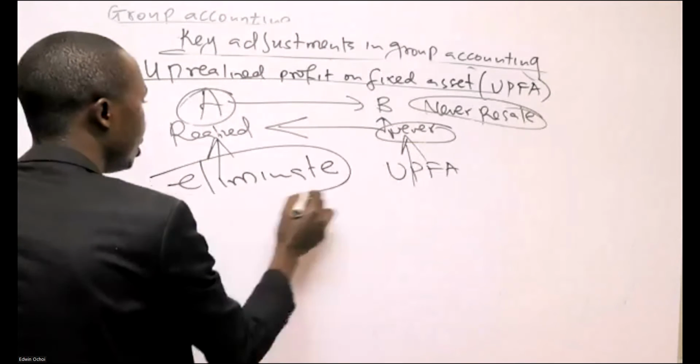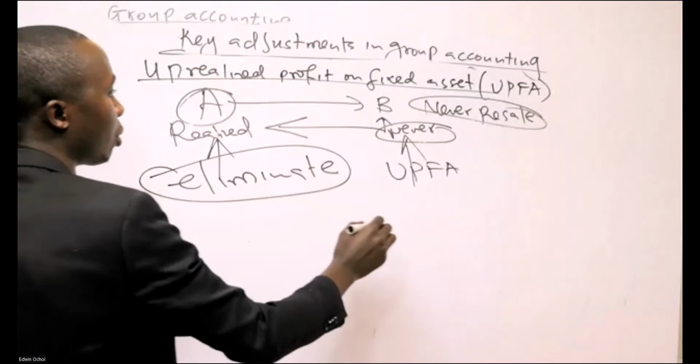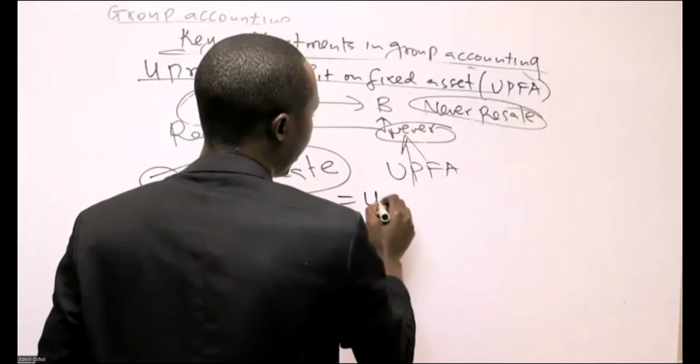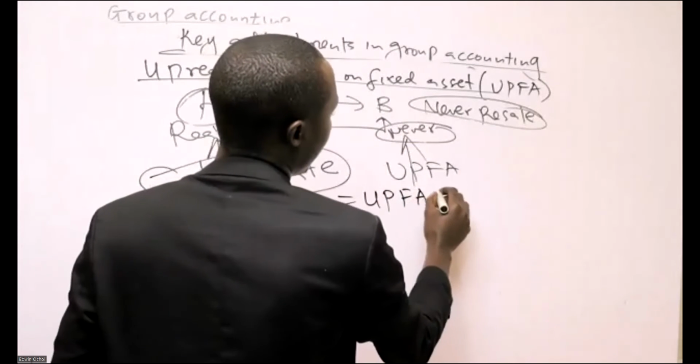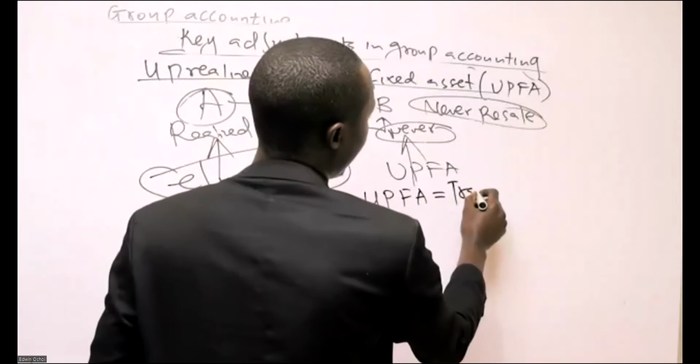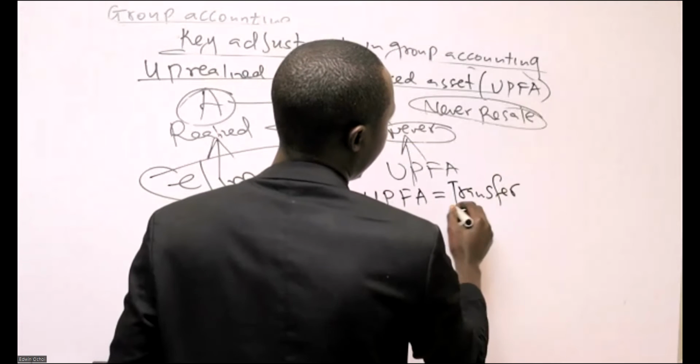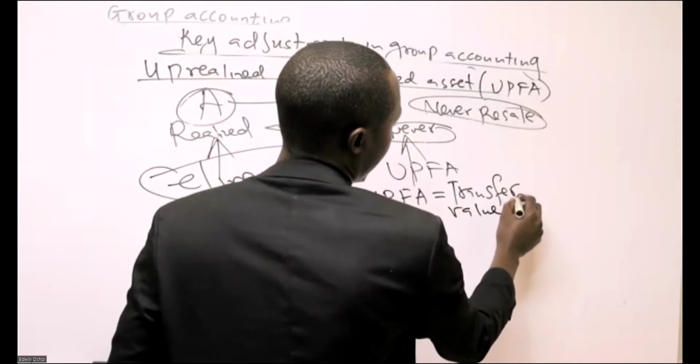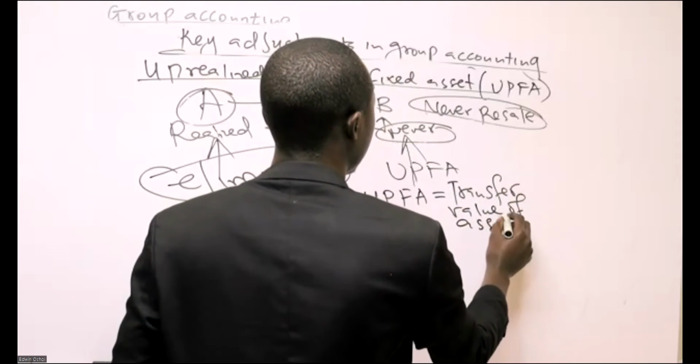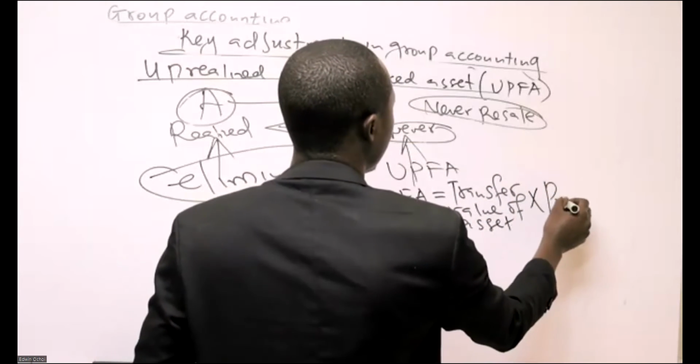First, before we eliminate this profit, how are you supposed to compute UPFA? It equals the transfer value of the asset times the profit margin.